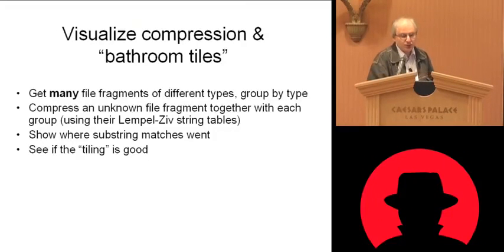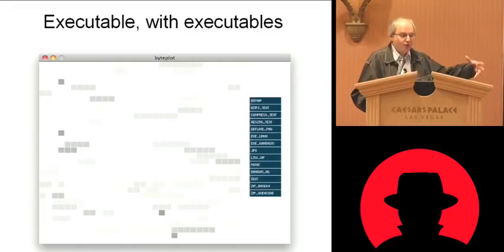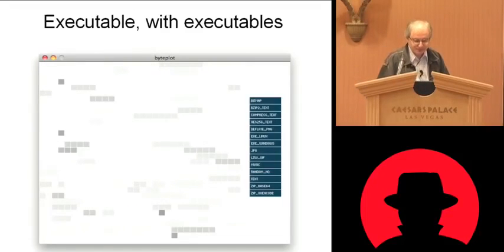This is what we did to binary fragments. You get those bathroom tile kind of pictures, where you have many fragments of different types. You group them, and then you see what the compressed file would look like. In this byte plot, I'm taking a Linux x86 executable and compressing it with the rest of the x86 Linux executables, so it's home team, so to say.